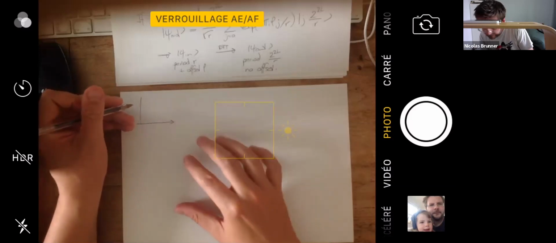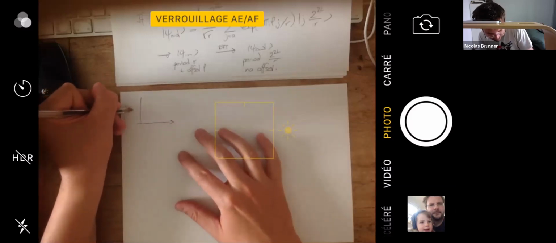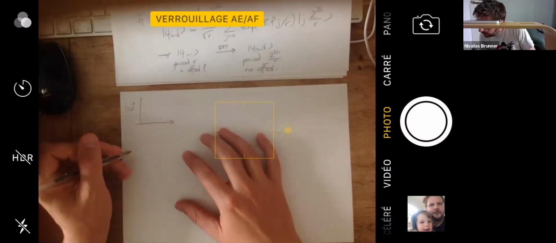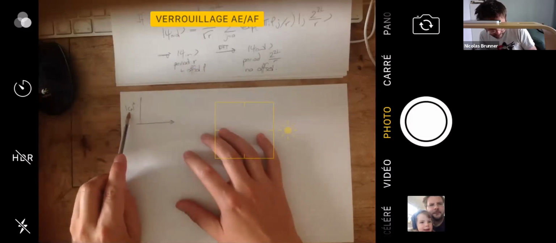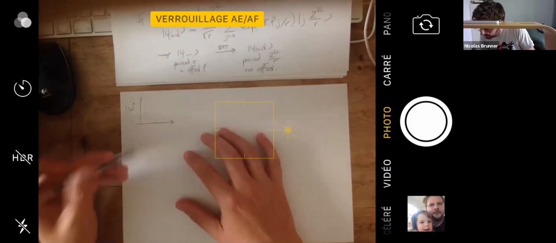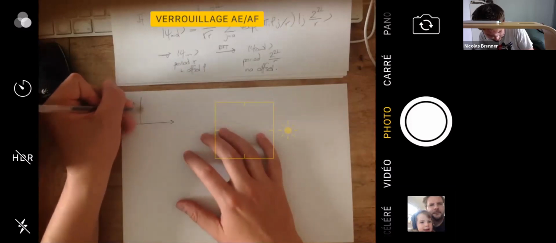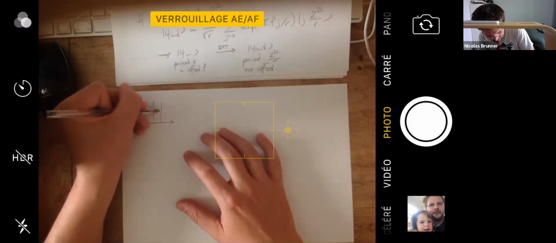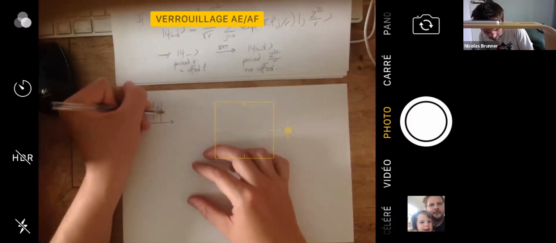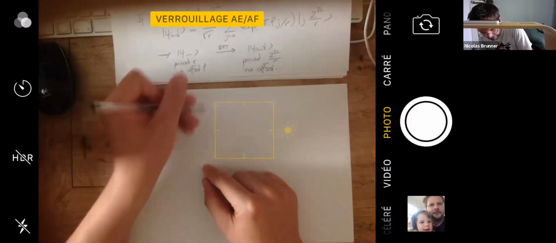I could represent the coefficients of my input state, these are the coefficients Cx. Here there would be an offset, and then I have something periodic with period R, and so on.